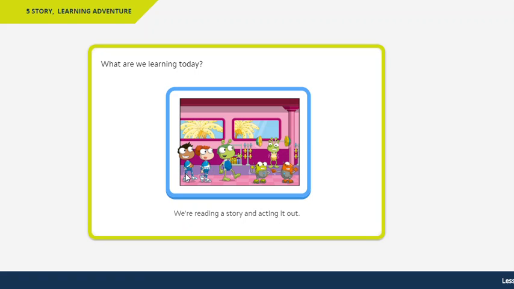Maybe they want to do some activities. Now, I want to ask you a question. Do you go to the gym? I do, because I like to exercise every day. So we're reading a story and we're going to act it out.